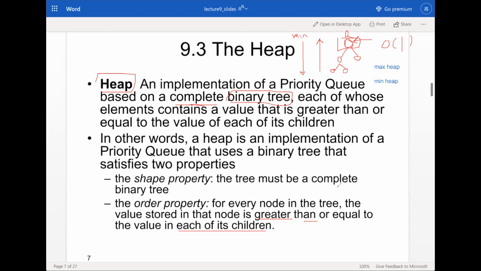So that is the idea of a heap. We want to have this heap to make sure that, just like a priority queue, the important operations are to insert a new element and remove the largest element. And that's it. We don't really care about the intermediate ones.